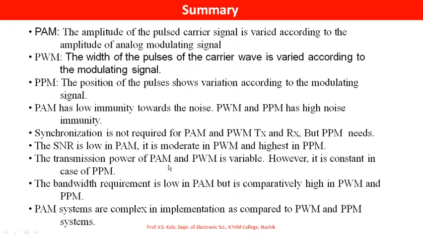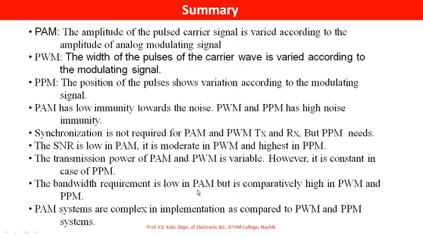The reason is, in PAM the amplitude is changing, in PWM the pulse width is changing. Because of that, the transmission power variation is there. However, it is constant in case of PPM. The reason is, pulse amplitude is constant, pulse width is constant. Only there is change in position.